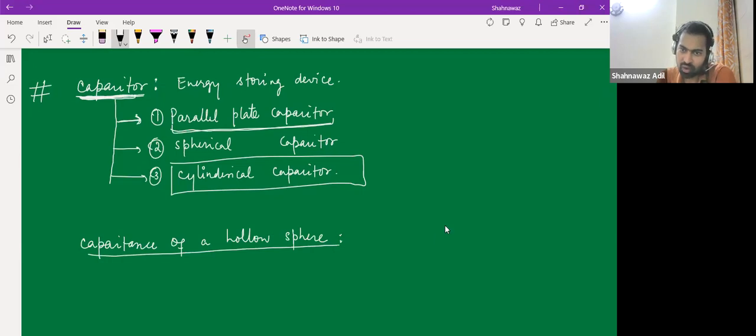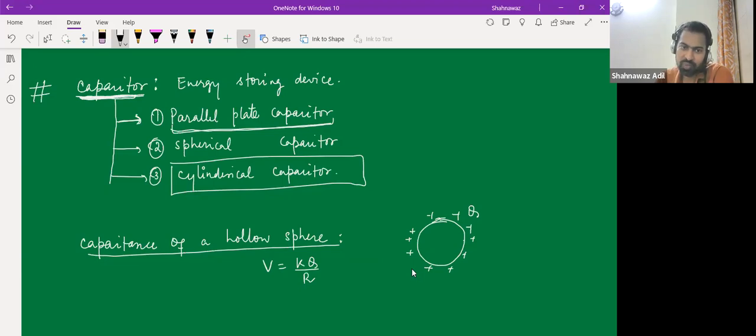So we have a hollow sphere, and we want to calculate the capacitance of this hollow sphere. So the charge is Q, and potential is how much? Potential is KQ by R.